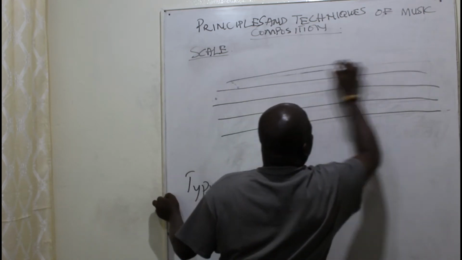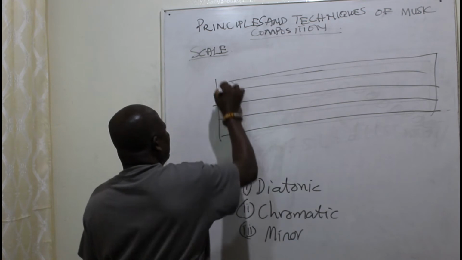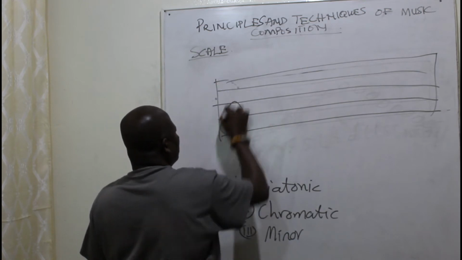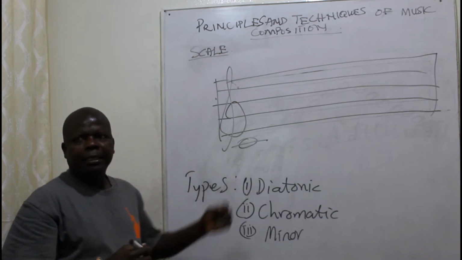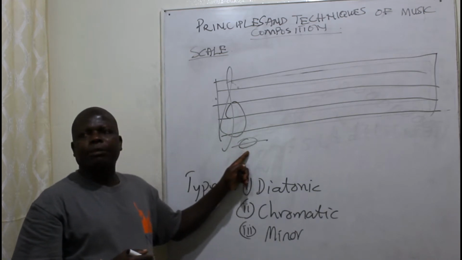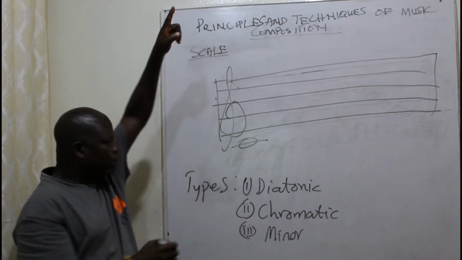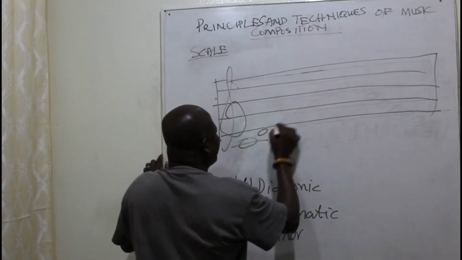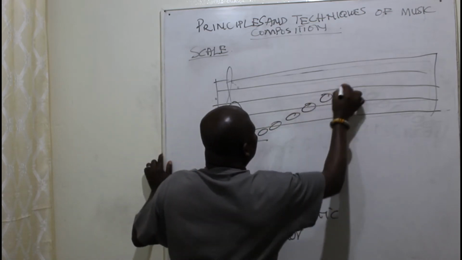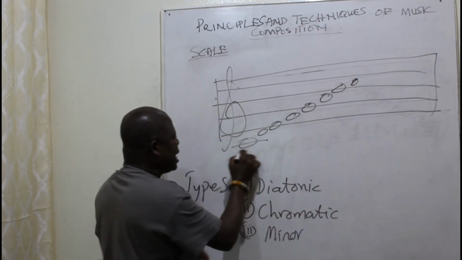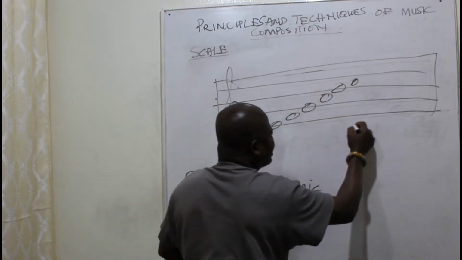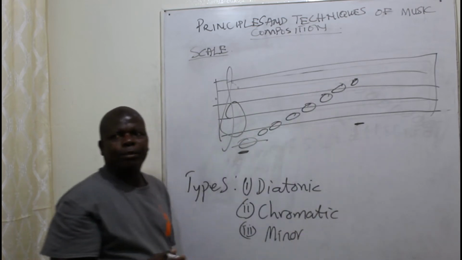The first note is the tonic, so we start from the tonic to the octave. From this end up to the last end here, that is called the diatonic scale.